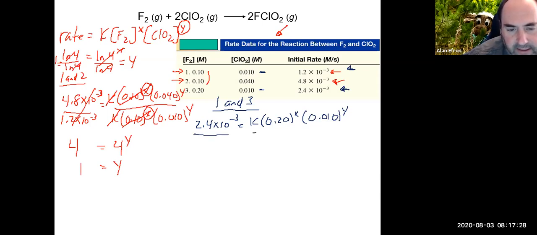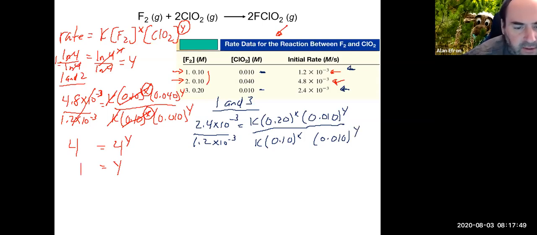And now I'm going to put everything from entry number 1 on the bottom, which would be 1.2 times 10 to the minus 3 K, and again, that's 0.1 to the X and 0.01 to the Y. So we're going to do kind of the same thing.